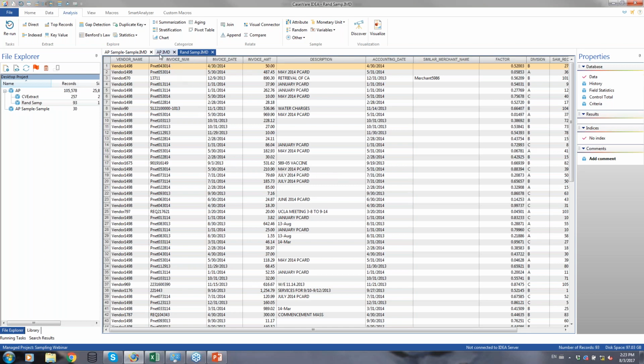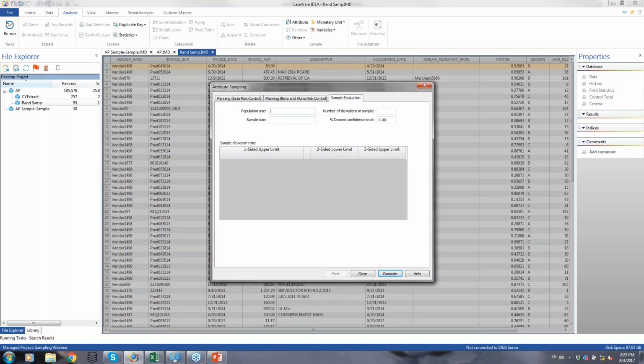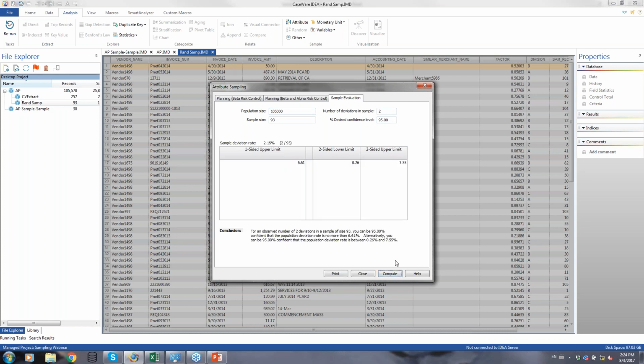The sample would have enough items such that if we were to now evaluate the sample and say of the 105,000 items we had 2 deviations out of our 93, we could then compute and see that the actual number of projected control deviation items could be less than 7%, which is more along the lines of what we were hoping to prove.